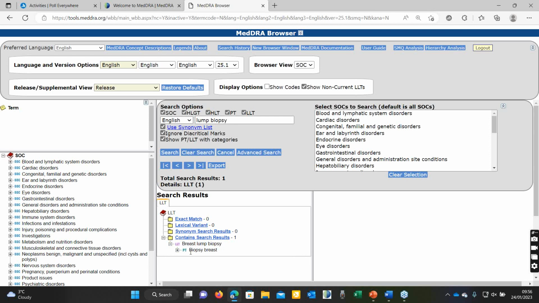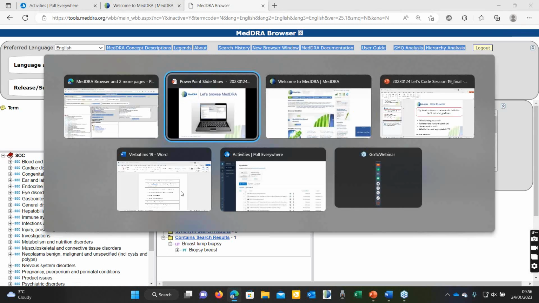That makes me think that it's fine for me to choose biopsy of pharynx, because the breast lump biopsy, even though it's the lump that's being biopsied, not the breast itself, I'm happy with that. And it's supported by the placement of other similar terms in MedDRA. So those are the terms I would be selecting there, the lump or mass, the biopsy, and the swallowing difficulty.